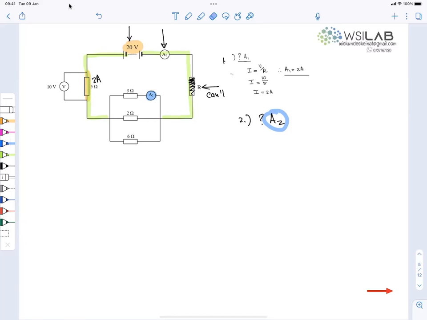Tell me if you are struggling. I will put my own voltmeter there. Call it the voltmeter reading over the 3 ohm resistor.